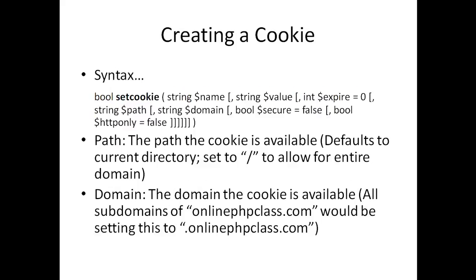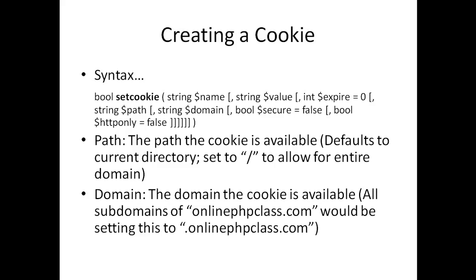Then we have path. Path is the path a cookie is available. It defaults to the current directory. It's set to / to allow for the entire domain. Basically, this is the path off of the domain name.